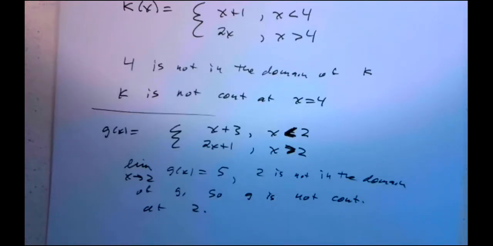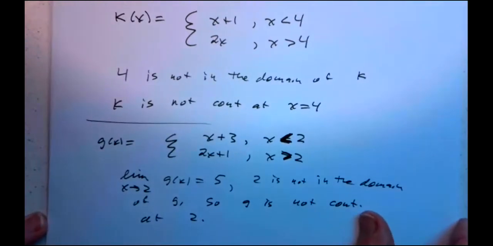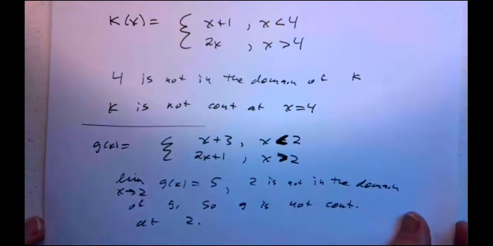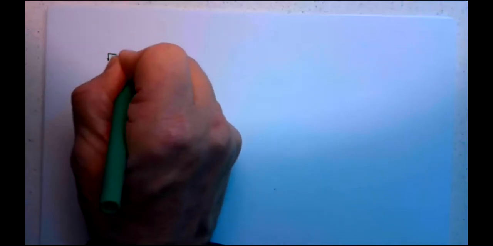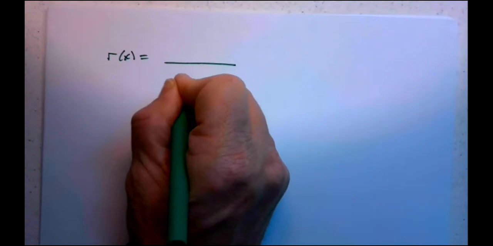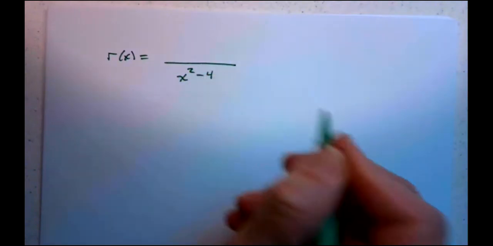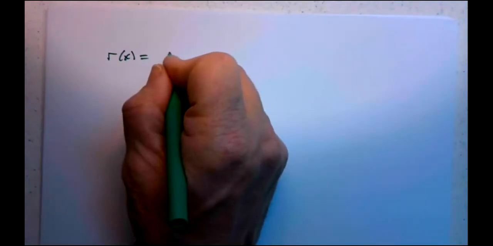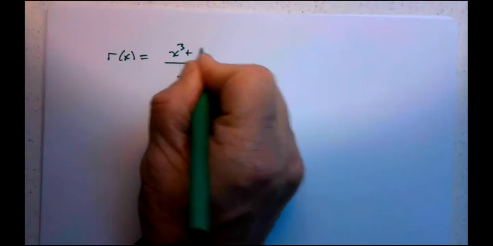Just to remind you, as we finish this off, we have to think about these rational functions though, right? So we'll just quickly do one more of those. If I have r of x equals x squared minus 4 downstairs, and who knows whatever's happening upstairs, x cubed plus 3x plus 1.